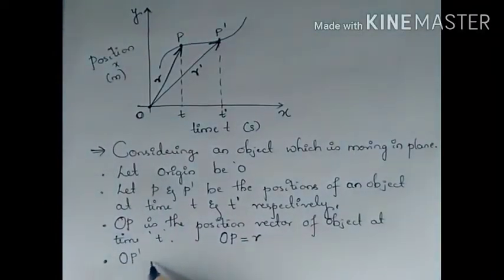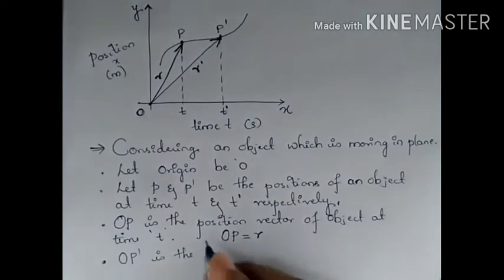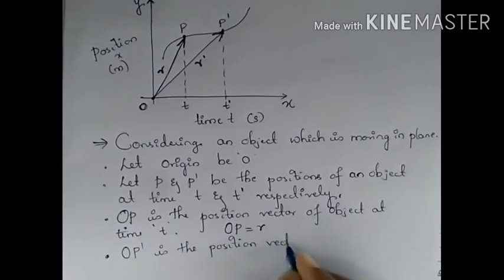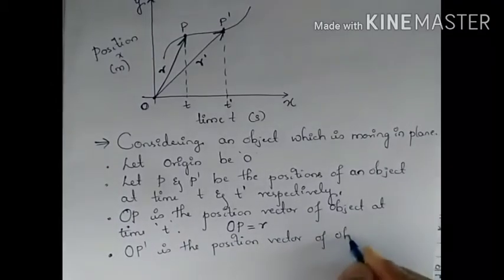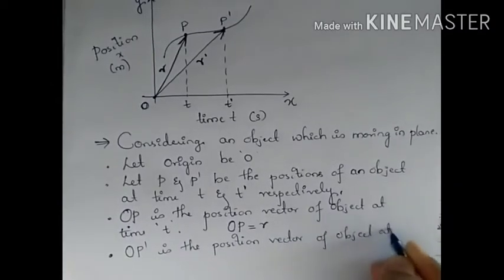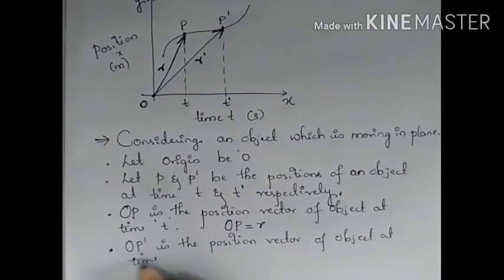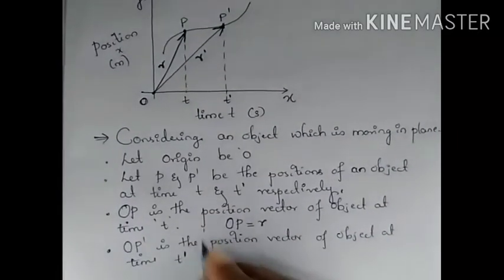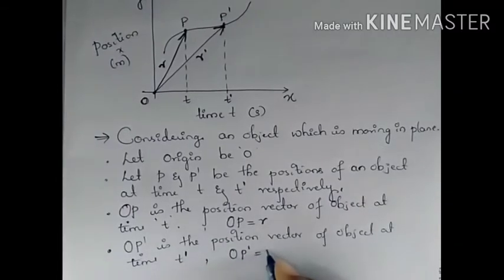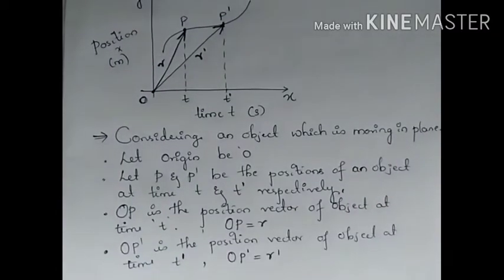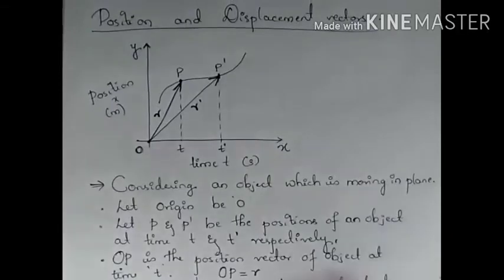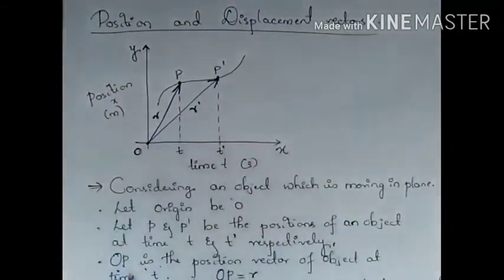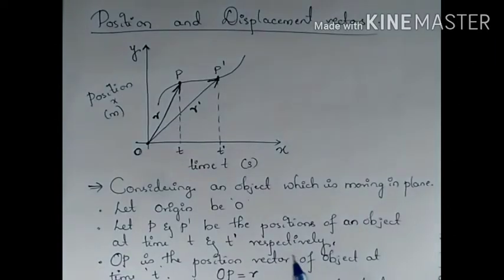So OP prime is the position vector of the object at time T prime. So OP prime is R prime.